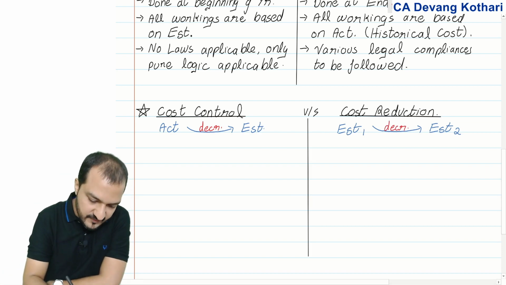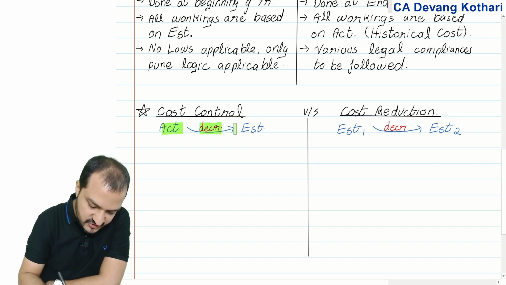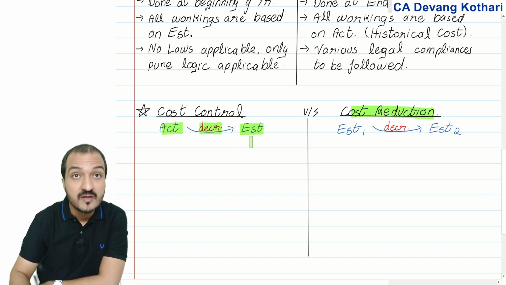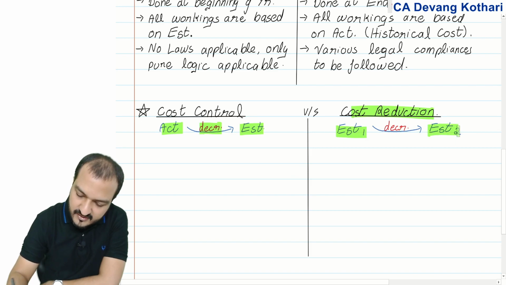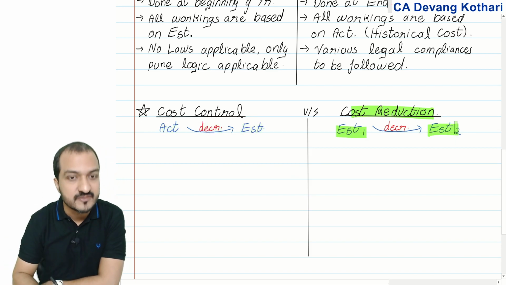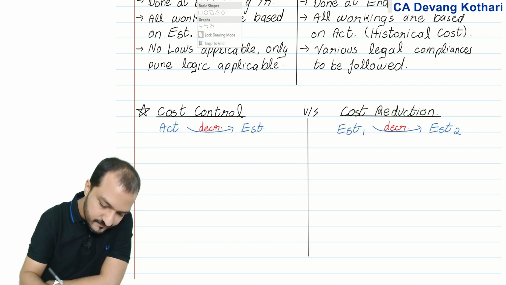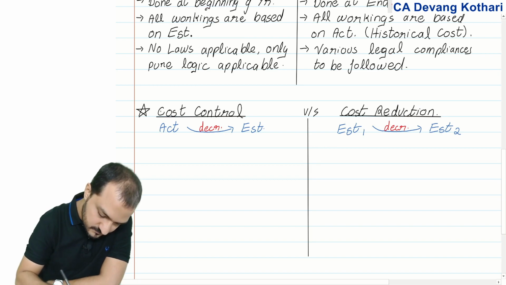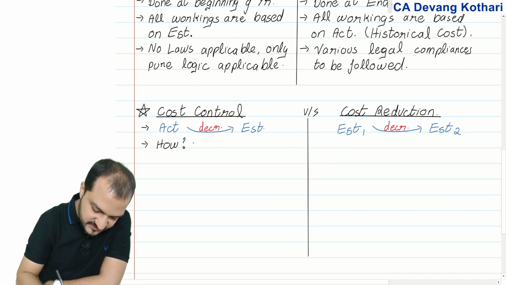Cost control is when you try to decrease your actual down till the estimate. Cost reduction is when you decrease that estimate further down to another estimate. Cost control, how is it done?